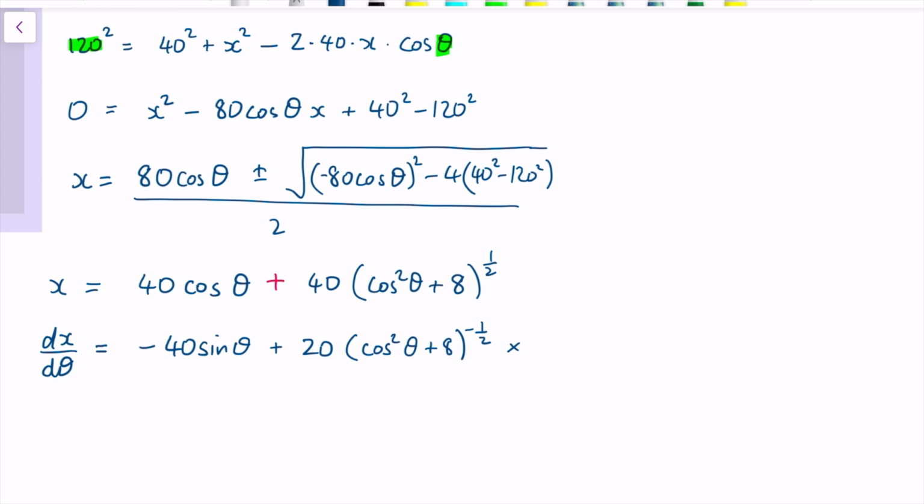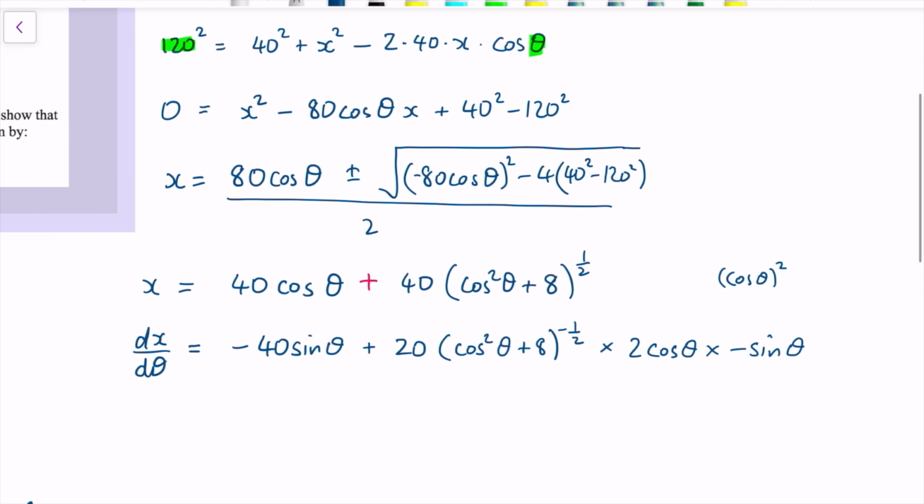and then multiply by the inner derivative, which we have to differentiate cosine squared theta. It's more chain rule because it's cosine theta all squared: 2 times cos theta to the 1 times the inner function differentiated, which is negative sine. And then if we tidy this up, minus 40 sine theta plus the 20 and the 2 there, so another 40.